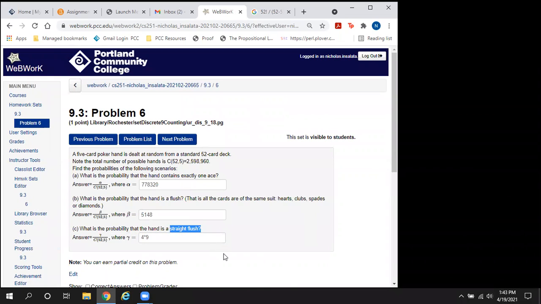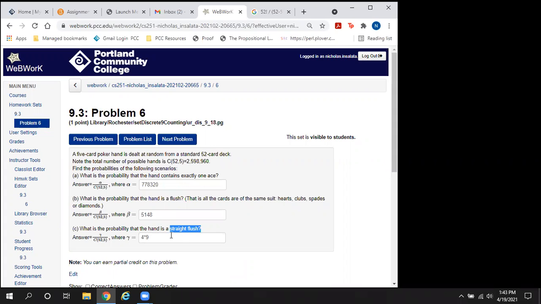All I said was, I'm going to pick a suit and I'm going to pick where the straight starts, and none of those have anything to do with the order of the cards. So those two choices did not include the order of the cards. So it actually was right the first time.